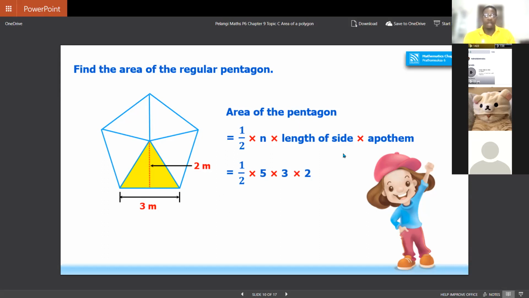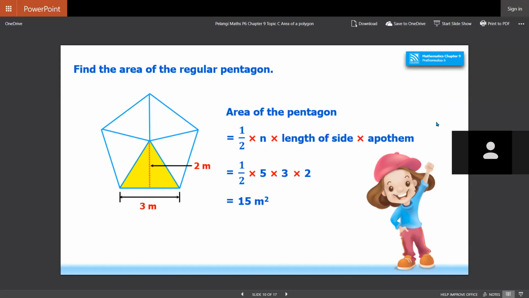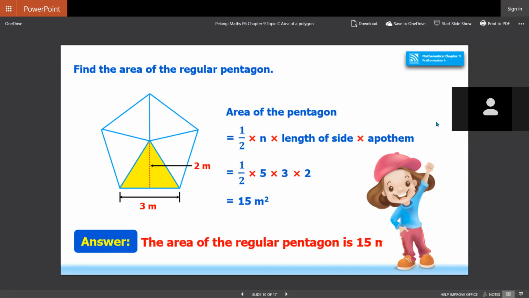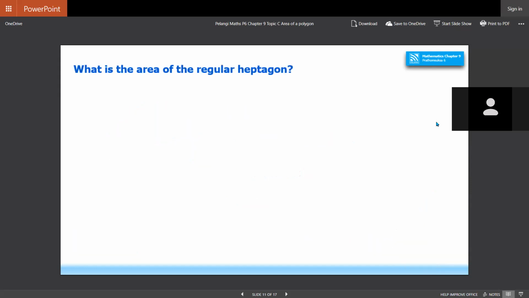You can say 2 cuts 2. So 5 times 3 equals 15. 15 what? Meters squared. Very good. So we have 15 meters squared. That is how to do it. I think it's quite easy. Yes, it is quite easy. So the answer there is 15 meters squared.